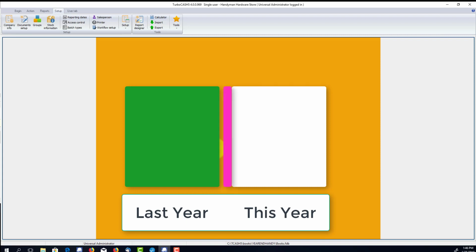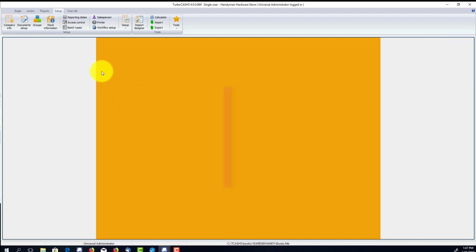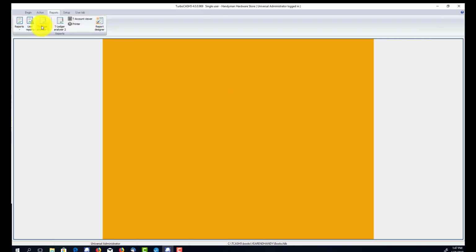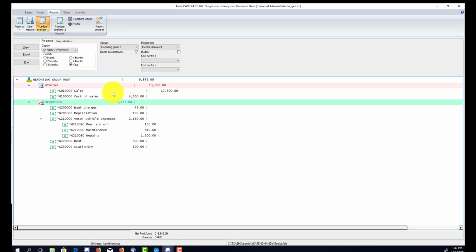Let's just have a look at that in detail. So in this handyman example, this is my income statement. I like this T-Ledger analyzer, but it's got 3 reports, trial balance, income statement, and balance sheet, which are relevant to us. So let's look at first our income statement.